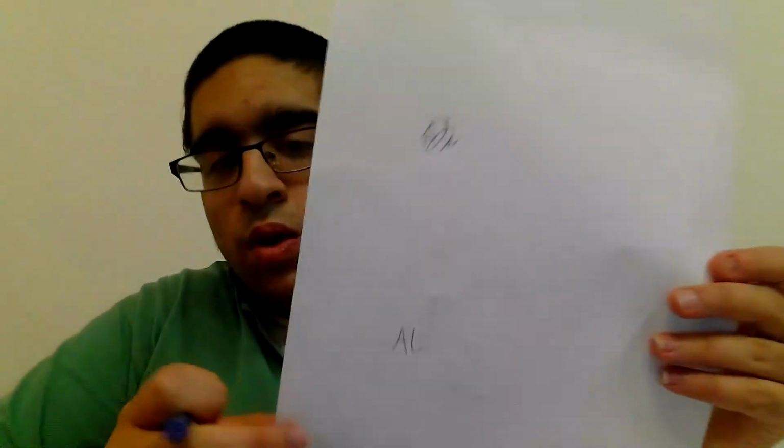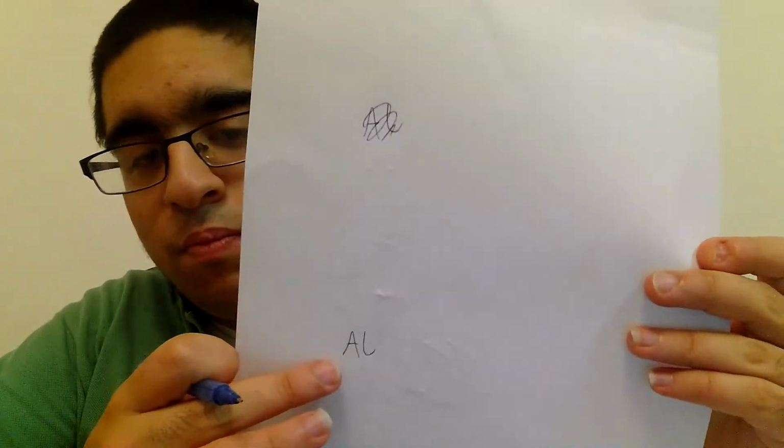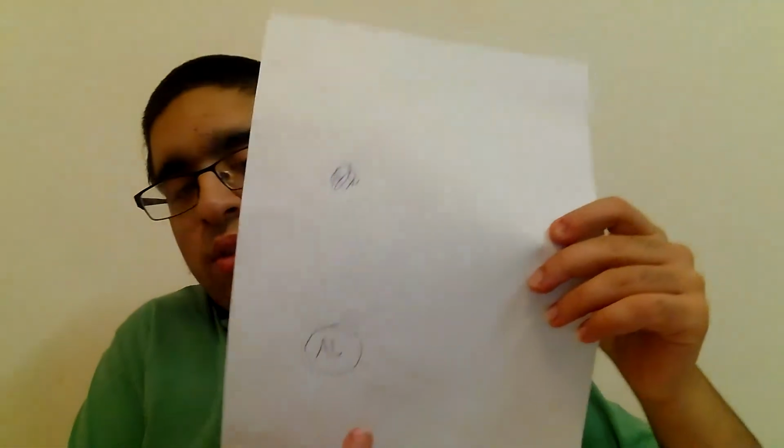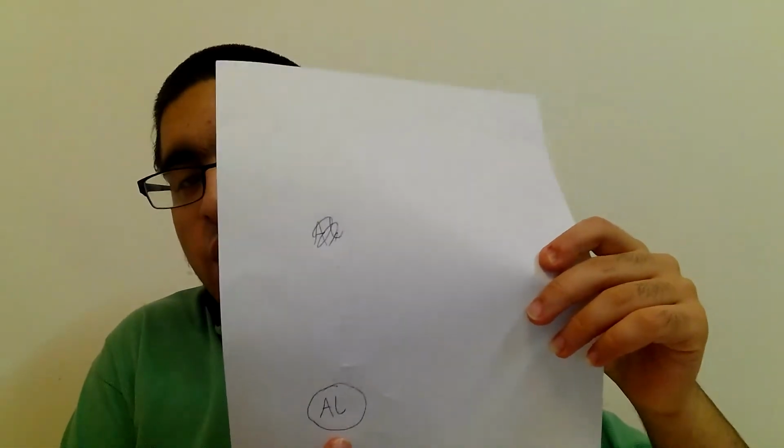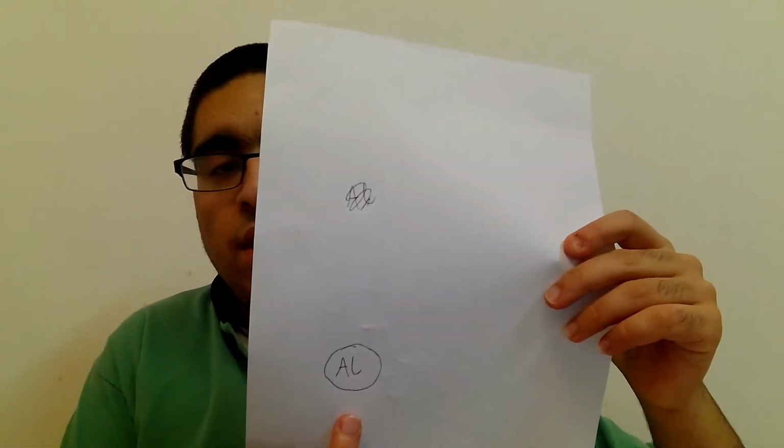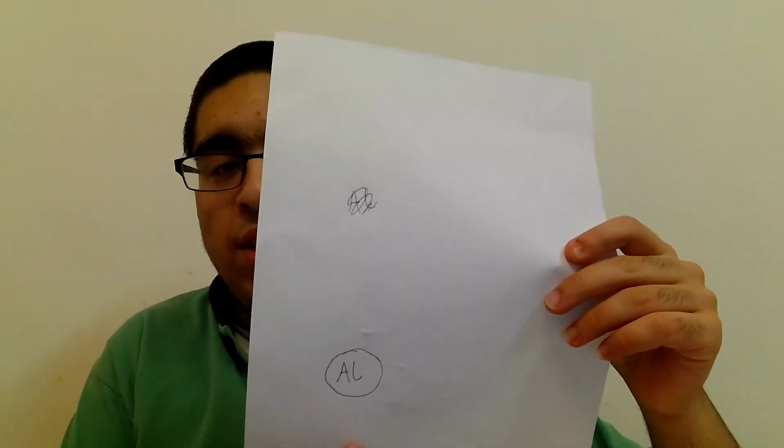First off, when it's asked to draw, I would first write the element symbol. So for aluminium, Al. Then there are going to be 2 electrons in the first shell, because we need to fill 13 electrons but there can only be 2 in the first shell.